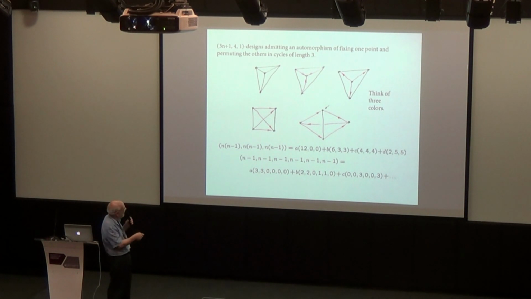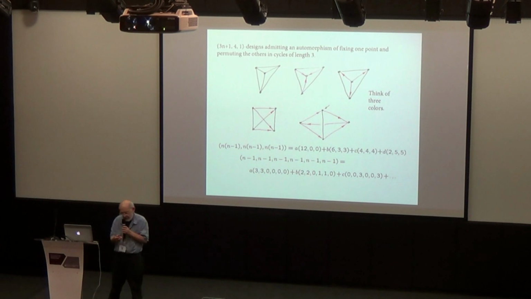How about if we go to designs of block size 4 on 3n plus 1 points for some n. And you ask for an automorphism that fixes one special point, and the blocks through that point, setwise, but permutes those in cycles of length 3.